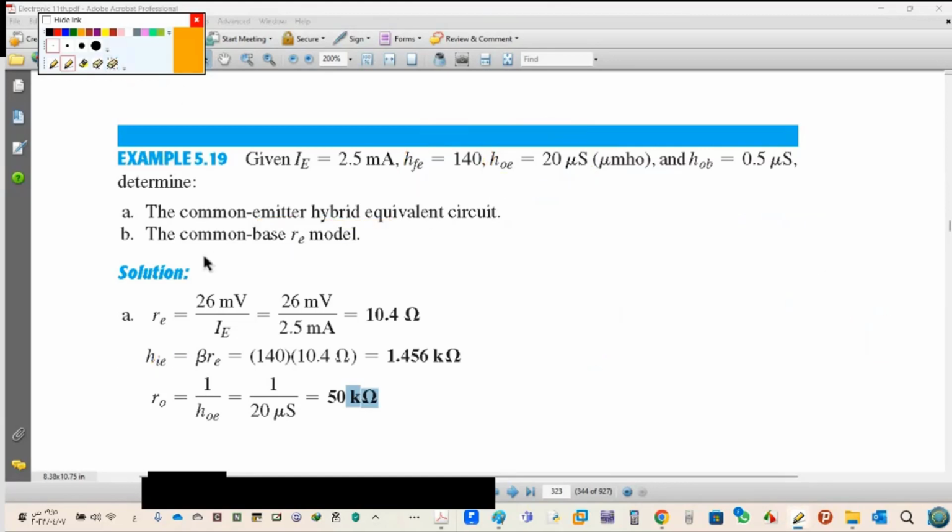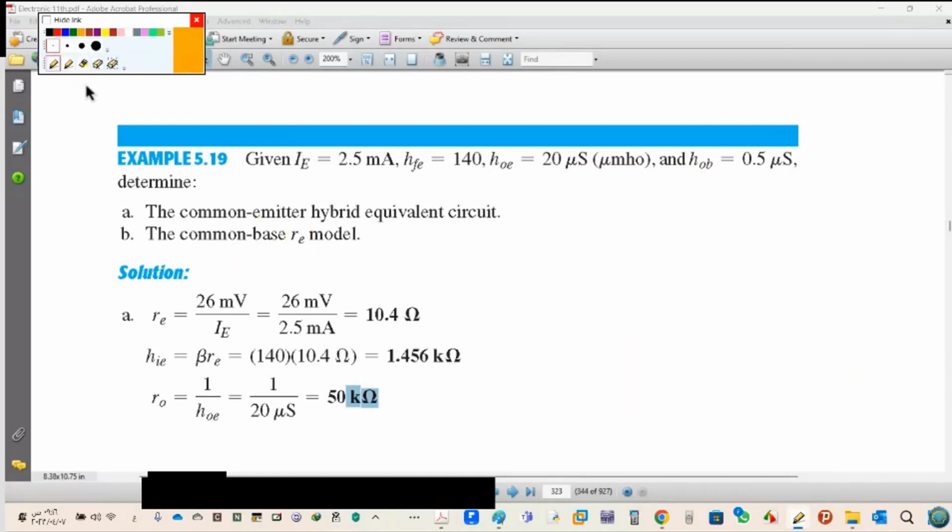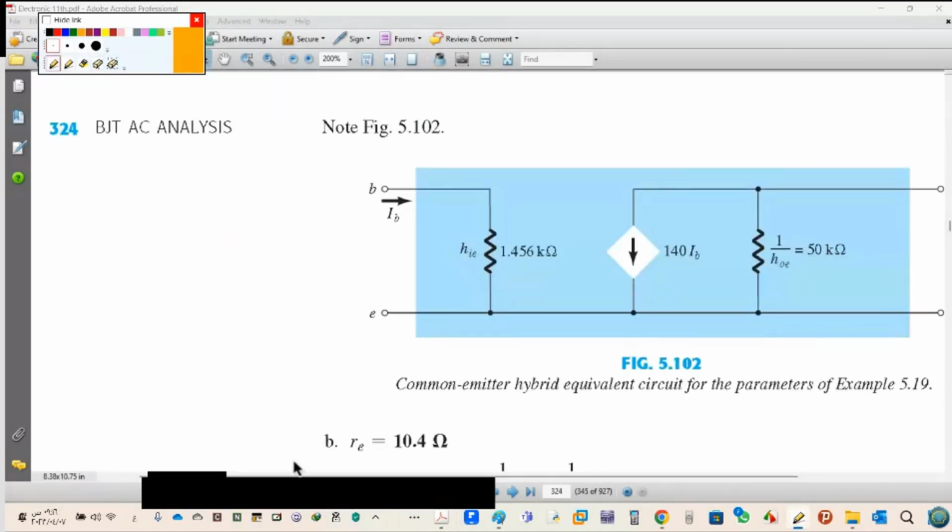Now, the other one: the common base RE model. He wants the RE model, so here we have RE, up, alpha IE, then we have RO. He also gives me HOB, so RO is 1 over HOB. So let's see the models here. This is the first model.